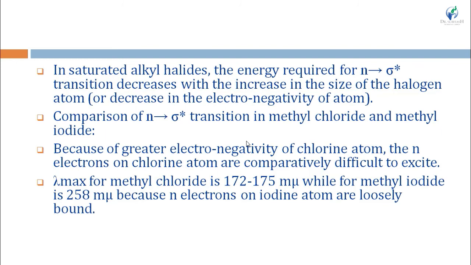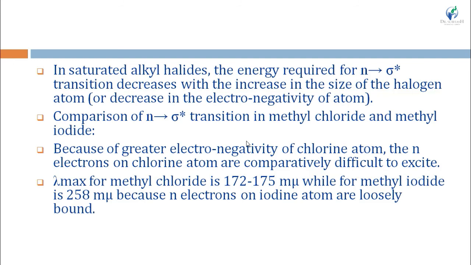We can understand that by comparing the transitions of methyl chloride and methyl iodide, and we all know that the electronegativity of chlorine is more than the electronegativity of iodine. So electrons of chlorine atoms are more difficult to excite than the electrons of iodine atoms.